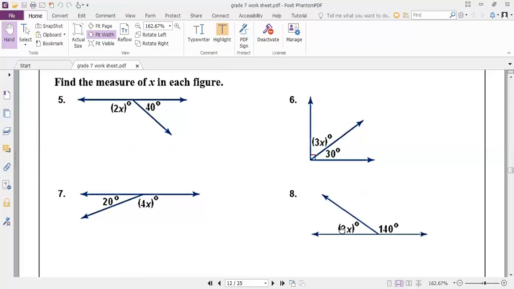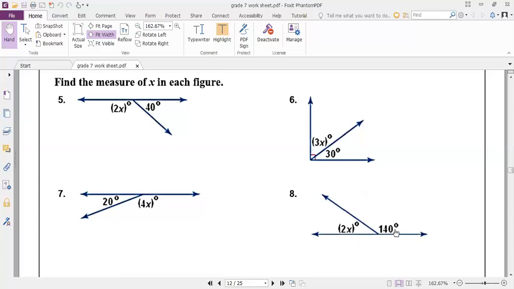Saleh, can you tell me how I can solve number 8, the last question? I have 2x and here we have 140. For an example, your father bought 2 t-shirts and he gives you 140 to spend. What is the price of each t-shirt? And the sum of them is equal to 180 because I have a straight line.